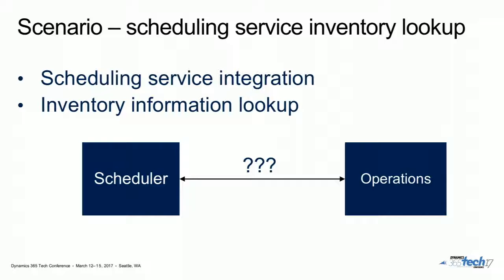All the raw materials are held within D365 for operations. So they need to know if this particular inventory is available before they confirm the maintenance, right? So it's a quick lookup. What do you guys think the pattern should be here? Synchronous, okay.